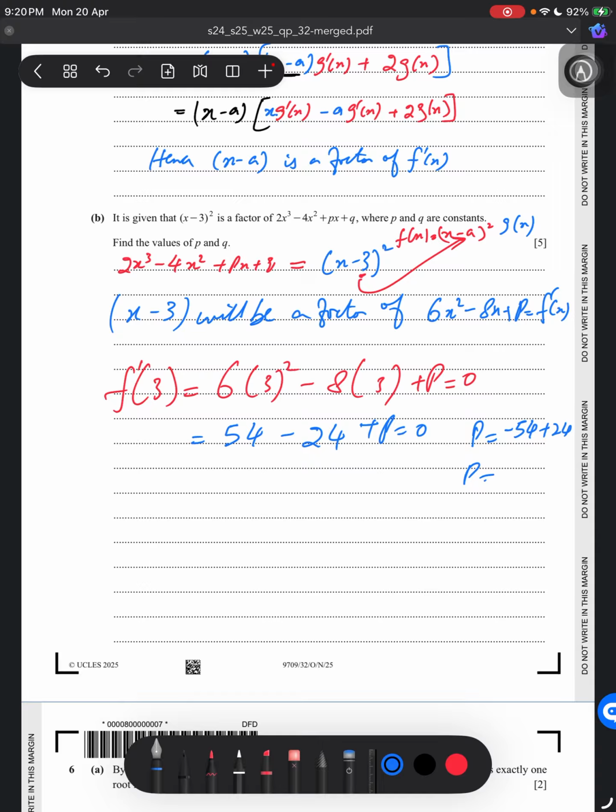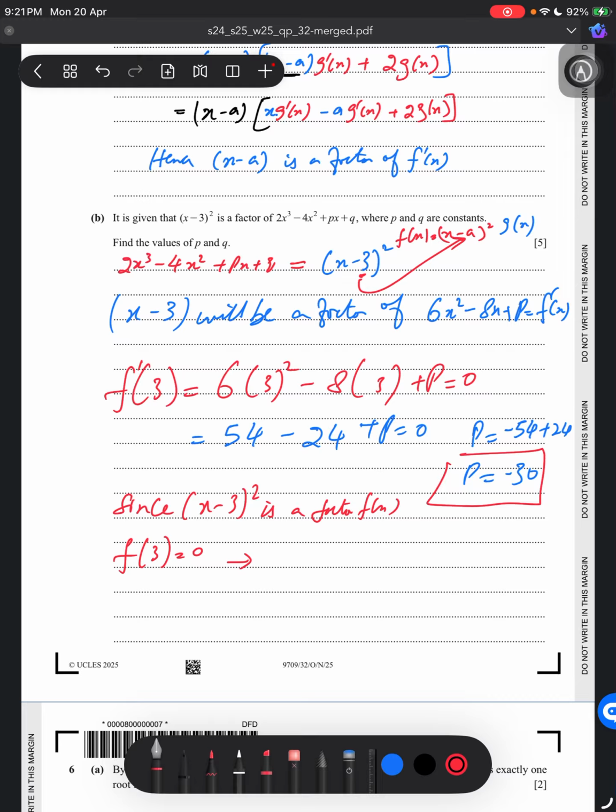So p would be just equal to negative 30. So since x minus 3 whole square is a factor of f of x, similarly f of 3 would be equal to 0.